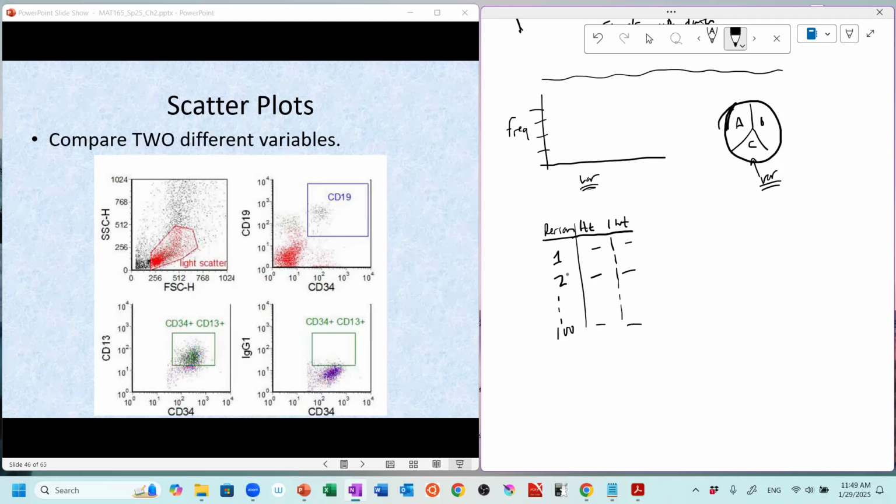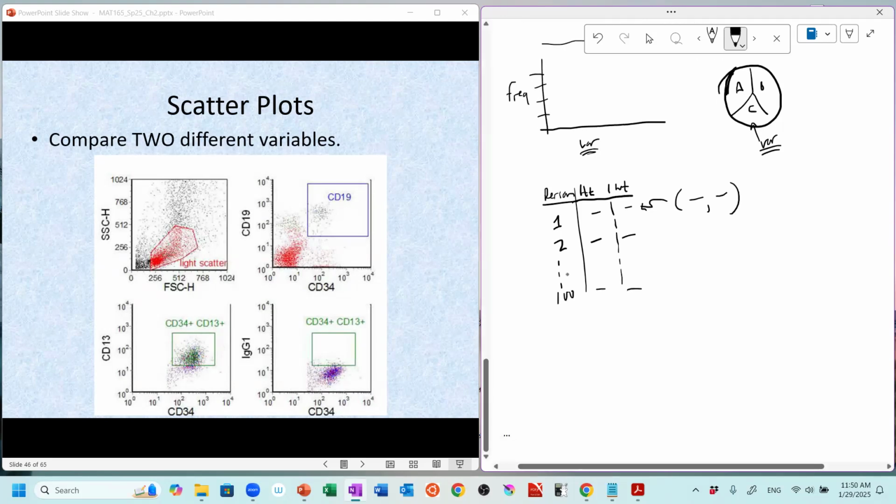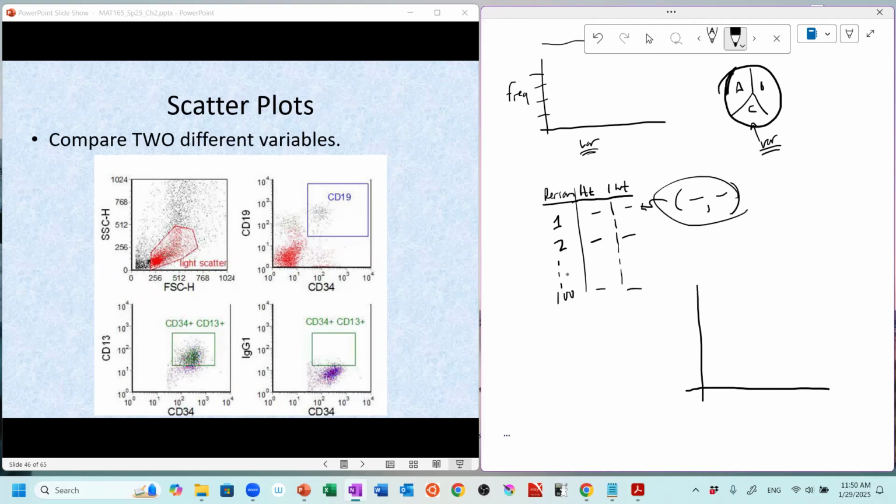So I really have each of these as like an ordered pair, right? Person one's height and weight kind of inherently go together, as does person two's height and weight, and so on. So I could think of this ordered pair, maybe the height is 60 inches and maybe the weight is 120 pounds.